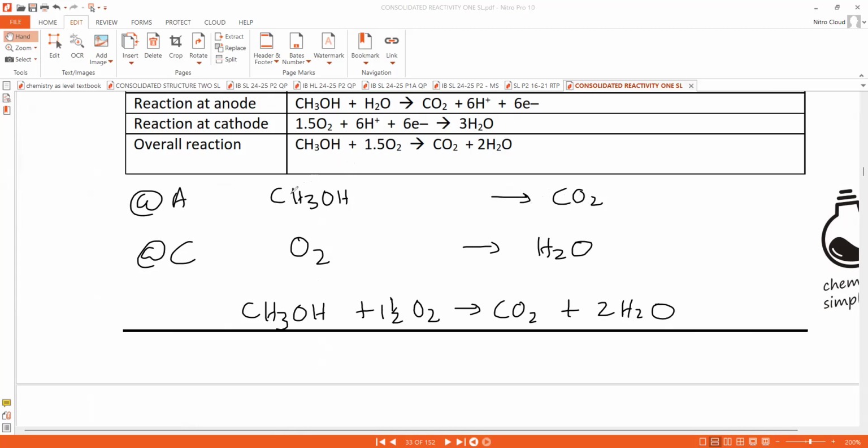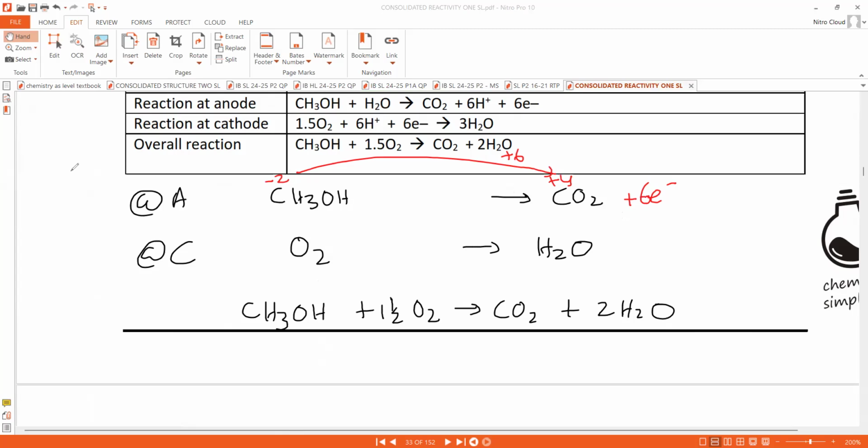The oxidation number of carbon here, H is plus 1 and O is minus 2, so carbon is minus 2. Here it is becoming plus 4, which means the oxidation number is increasing by 6, so it is losing 6 electrons. I'm writing 6 electrons on the right-hand side.